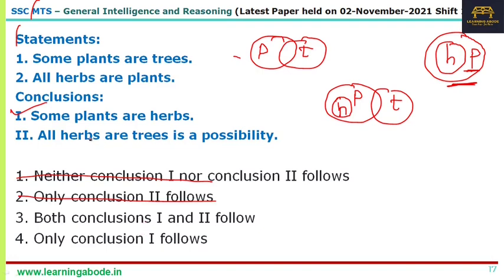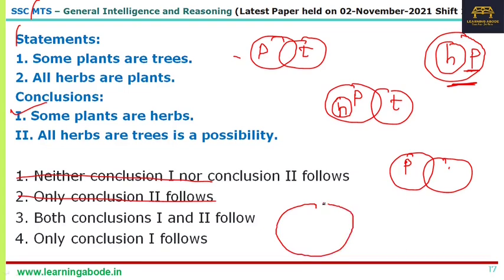The second one says all herbs are trees is a possibility. Now they are not saying it is always true, but it is just a possibility. Is that possible? Yes. How is it possible? When you draw some plants are trees from the first statement, I'll draw it again, sorry. So you have plants, and then some of the plants are trees.